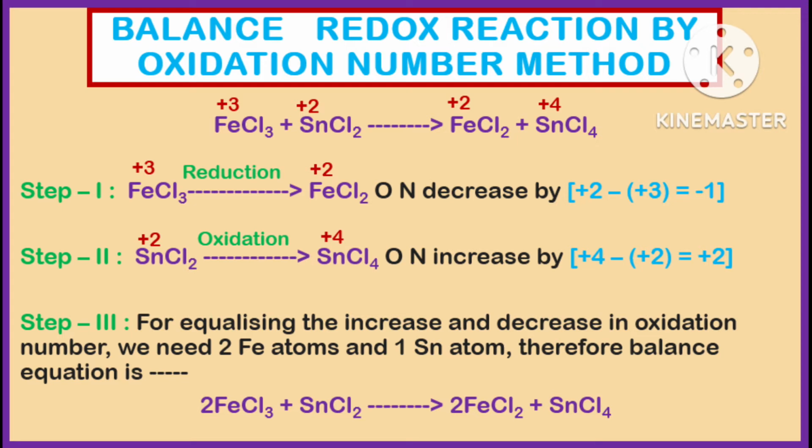And here you can see the right side, the product side. Chromium was +3, and 2 are there, so 6 positive charge. And on the sulfur side again +6, sulfur +6 charge is there. Now 6 plus 6, 12. Right side 12, left side also 12.